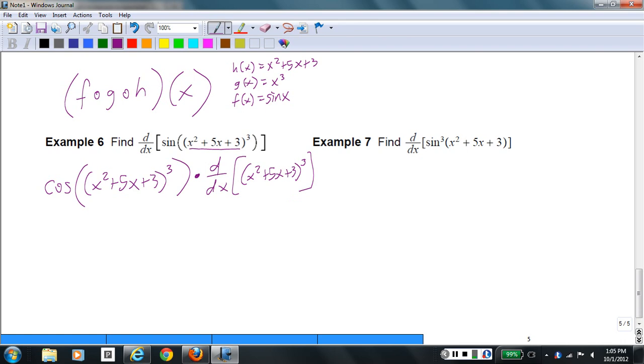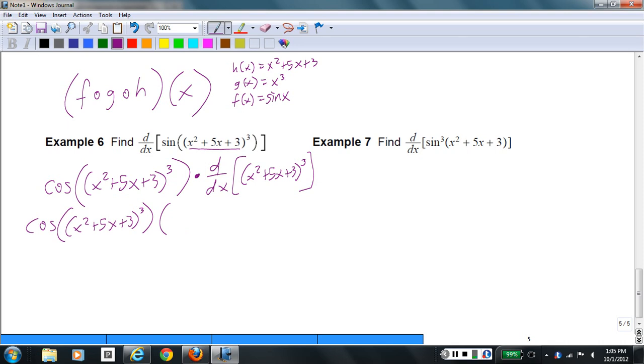Don't have to do much more with cosine. Maybe write cosine cubed instead of, well, let's see, no, I'm not cubing the cosine. I'm keeping the expression inside, so check that. Copy and paste that down below. Cosine of x squared plus 5x plus 3, that quantity cubed. Now, it's the derivative of something cubed. So we use power rule, bring that 3 out in front.